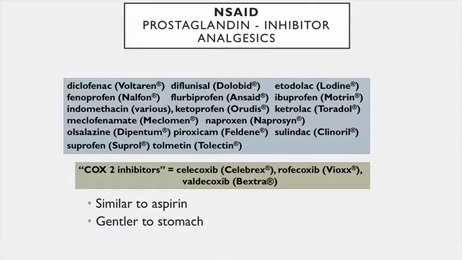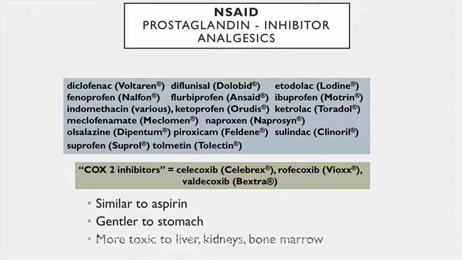Because there are so many people with these inflammatory conditions that require pain medication, and aspirin's just, I mean, it's effective, but it's not that reasonable of a treatment because of this GI issue.